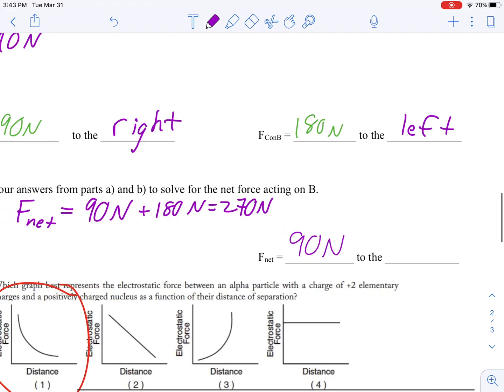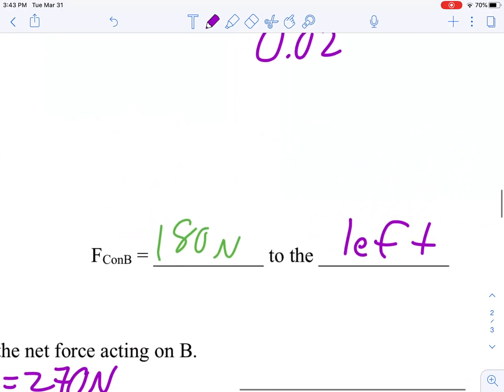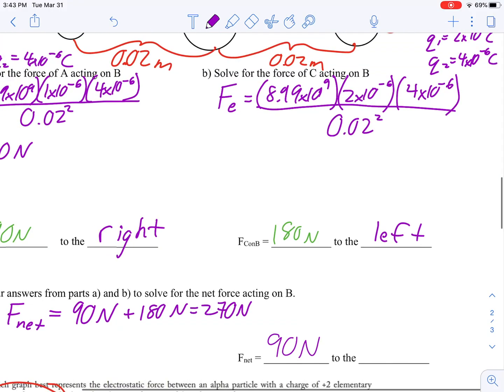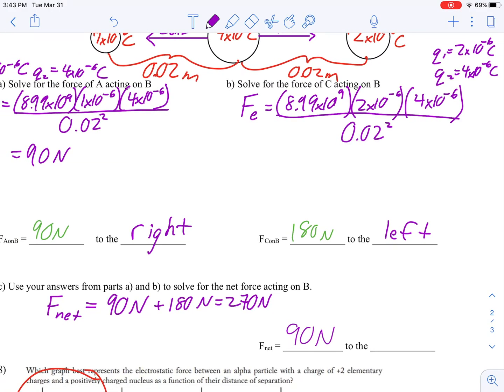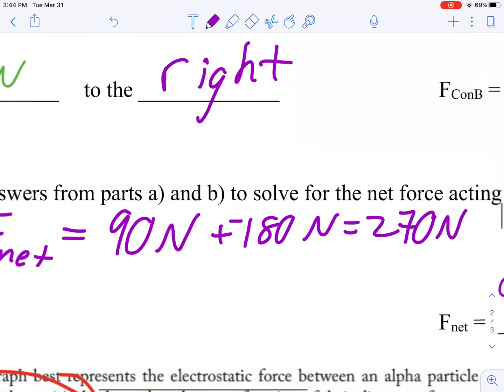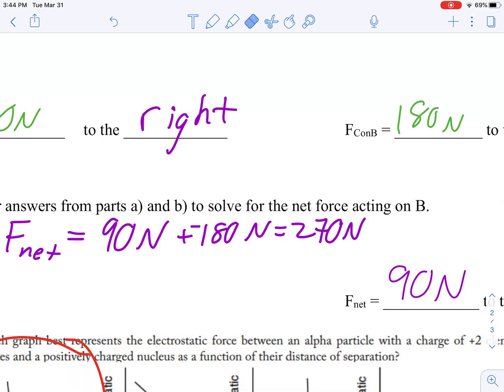Oh, why do I have 90 there? Oh yeah, it's because this force is pointing to the left, right? So since this force is pointing to the left, when I add it, I should make it negative. We make vectors to the left negative generally, vectors pointing down negative, vectors pointing to the right positive, vectors pointing up positive. So actually, I should change this to a plus negative 180 newtons.